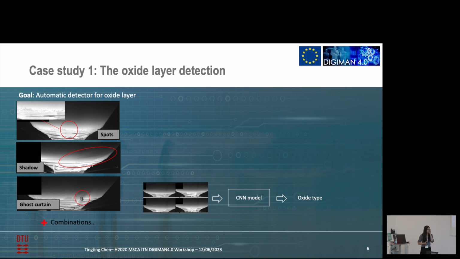However, as you may know, a convolutional neural network requires a large amount of labeled data, and this requires a large labeling cost.